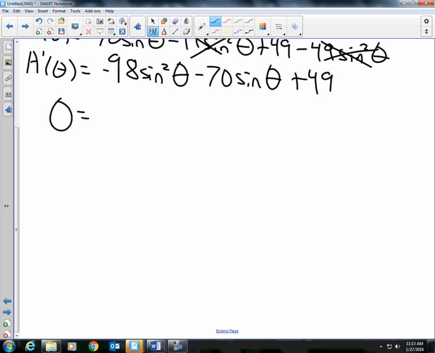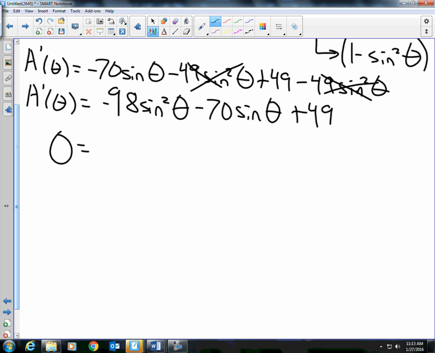I should factor, huh? What can you factor out? Close. Can't factor out sine of 49, because negative 49 sine squared and negative 49 sine squared make negative 98 sine squared. Yeah, let's take out a negative 7.